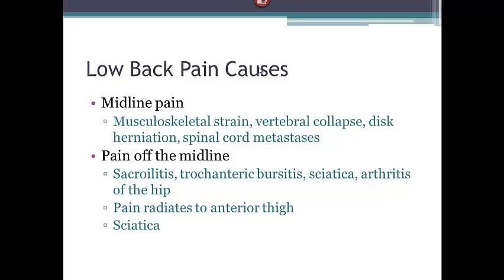Sciatica is the pain along the sciatic nerve. It usually results from compression of nerve roots in the lower back. Common causes include intervertebral disc herniation, osteophytes of osteoarthritis, narrowing of the spinal canal, and the symptoms associated are pain radiating to the buttocks, down the leg posteriorly, or it could be anteriorly as well.